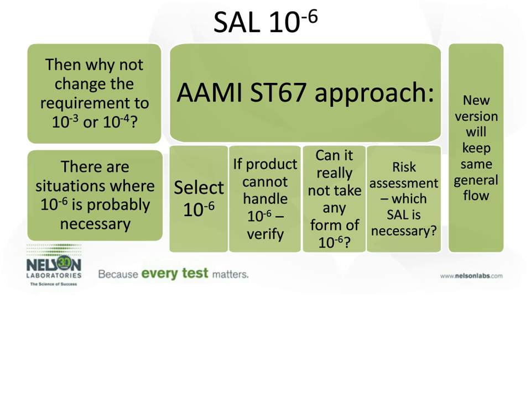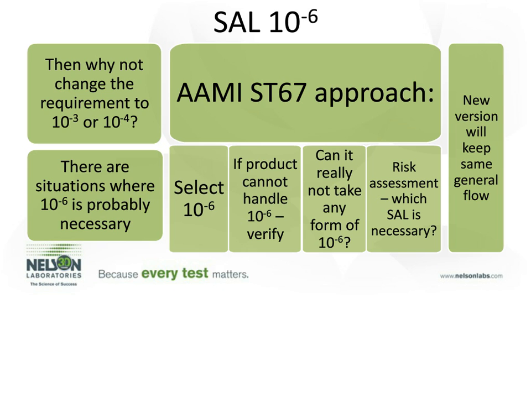The approach that is currently in ST67, and largely this same approach will be kept in the new version, and we anticipate that this same general flow will also be used in the ISO document, is first to select 10 to the minus 6, and then determine if the product can handle that. And if the product for some reason cannot take a 10 to the minus 6 process, then verify that that is truly the case.